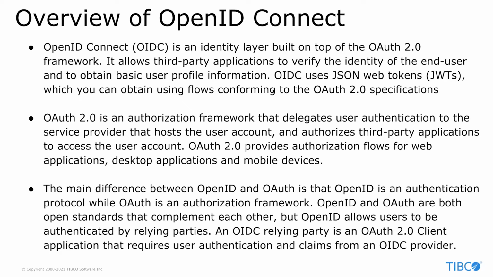It uses what they call JSON Web Tokens, which you can obtain through the OAuth 2.0 specification and flows. So OAuth 2.0 is an authorization framework, and OpenID is built on top of that. In conjunction, they work together to provide everything you need for authentication and authorization in an open format.